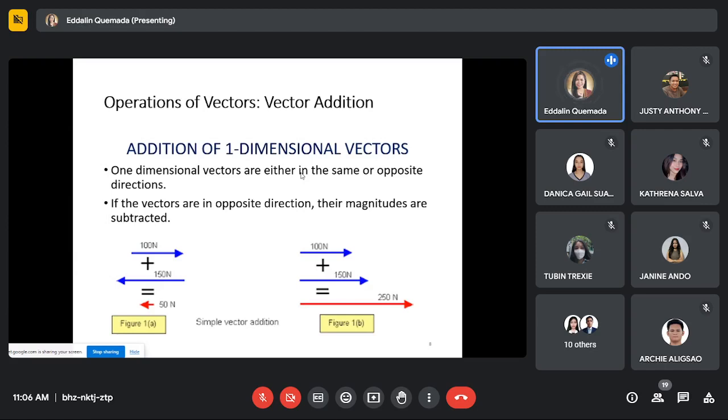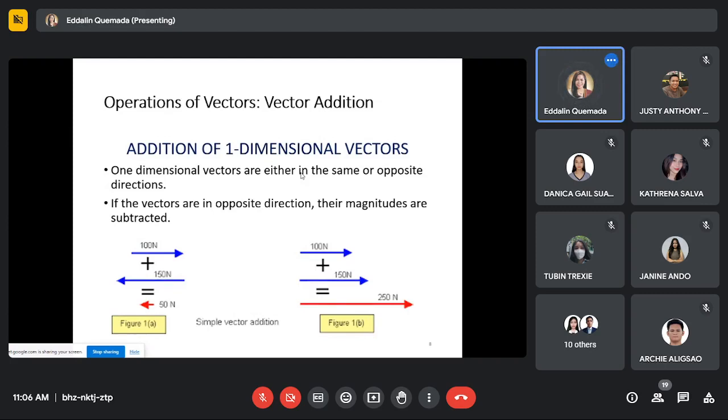So one-dimensional vectors, class, as indicated in this slide, are either in the same or in opposite direction. As mentioned earlier, if vectors are described to be parallel, that means they are in the same direction, and at the same time they have the same magnitude. But it is also possible that they may be opposite to each other, just like the negative of a vector, meaning the given vector has the same magnitude but its direction is opposite.